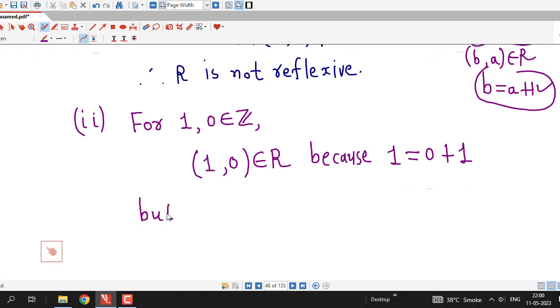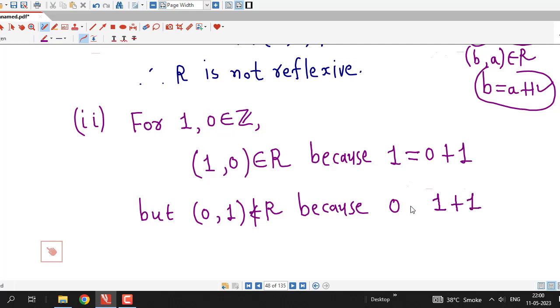But we can say that (0, 1) is not in the given relation. Why? Because here the first element and the second element plus 1 are different. This is equal to 2. So here that property is not satisfied: first element equal to second element plus 1.